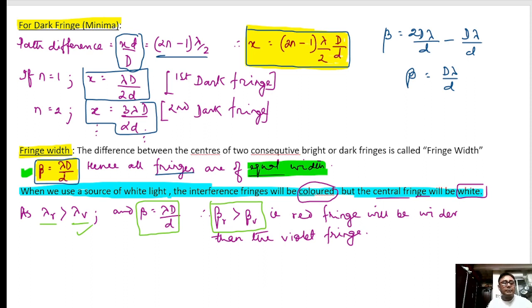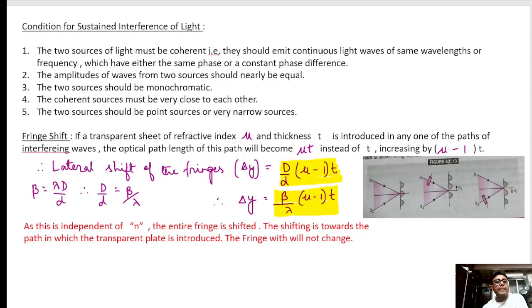So friends, next let's see what is there next. Conditions for sustained interference of light.